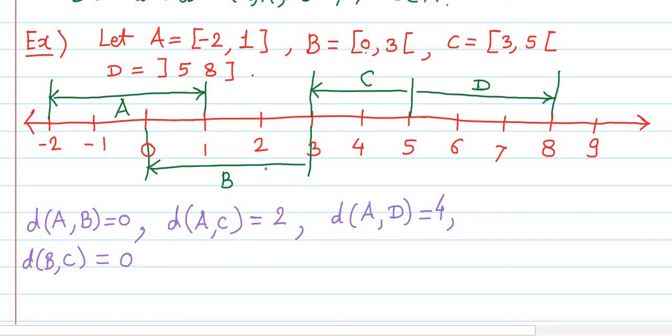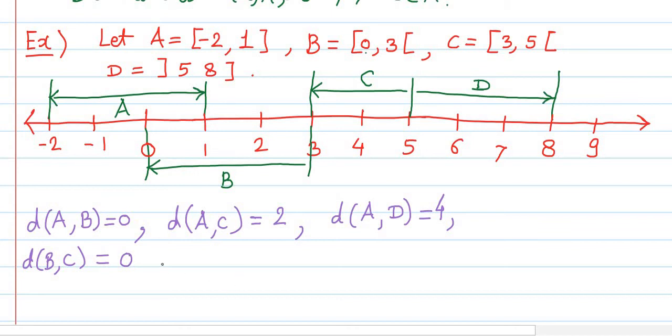But set B also has points such as 2.999999999. Then the distance of that point from the set C will be still less. And like such, there are so many points in the set B. So therefore, the infimum of all such distances will certainly be 0. Therefore, the distance between B and C is 0, even though B and C are disjoint sets, meaning they do not have a point in common.